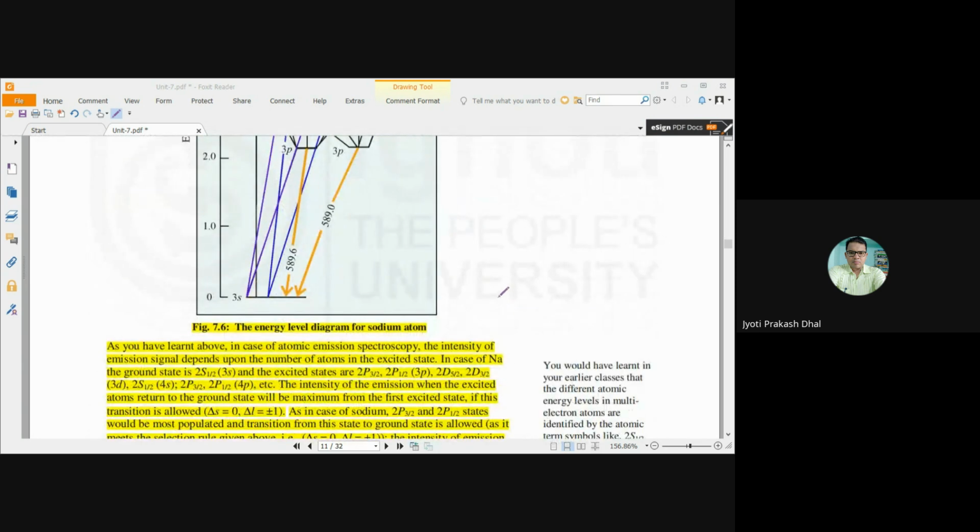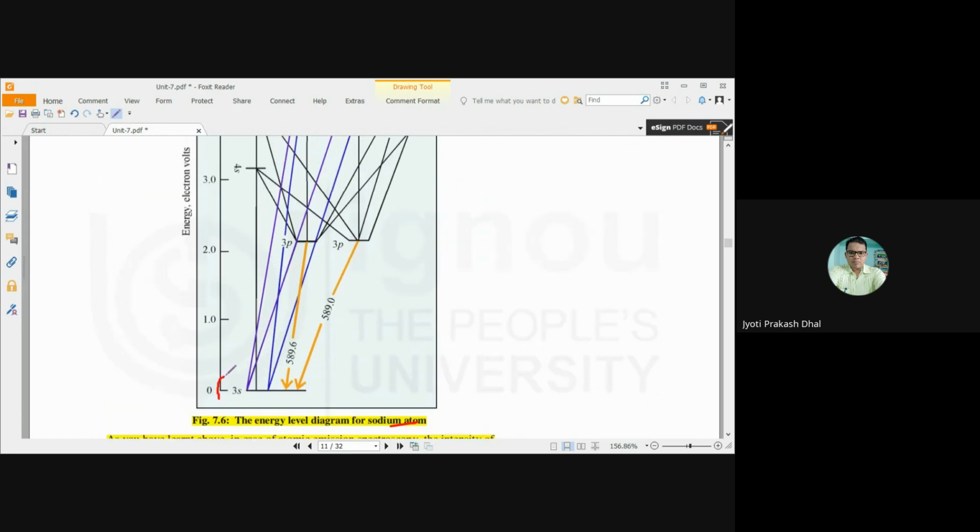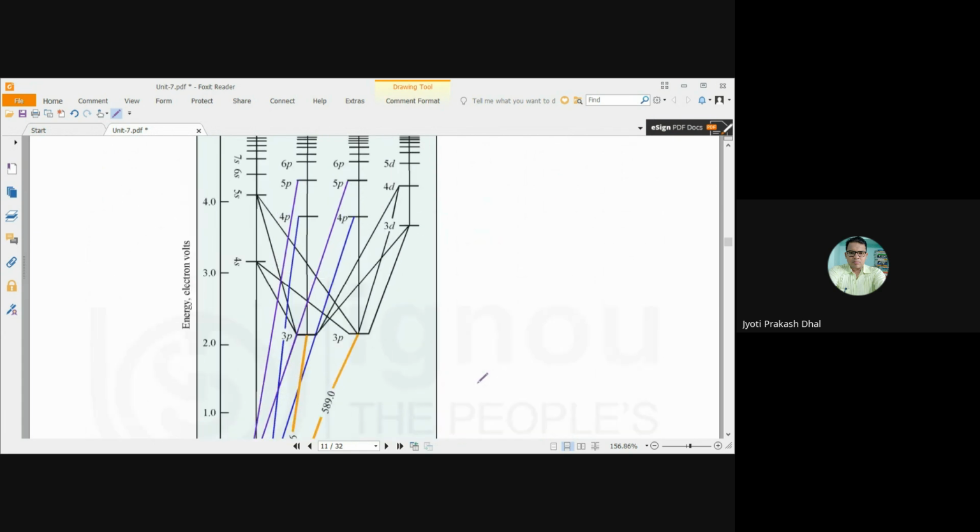Here is the energy level diagram for the sodium atom. We know that the outermost electron in the sodium atom is present at the 3s energy level.